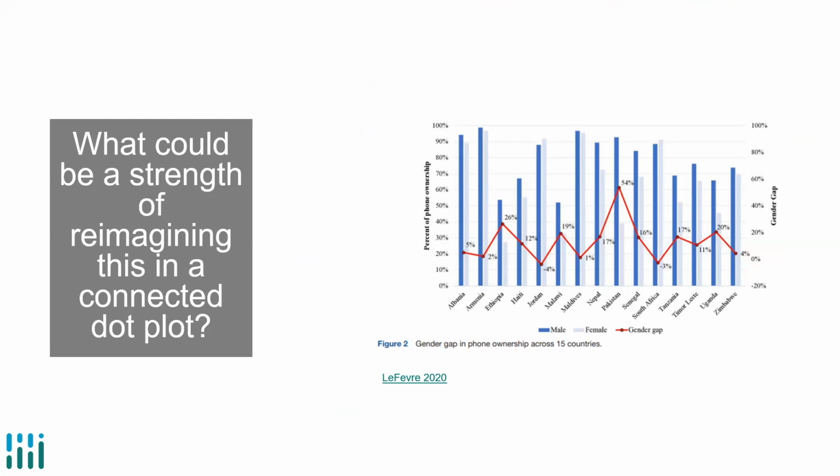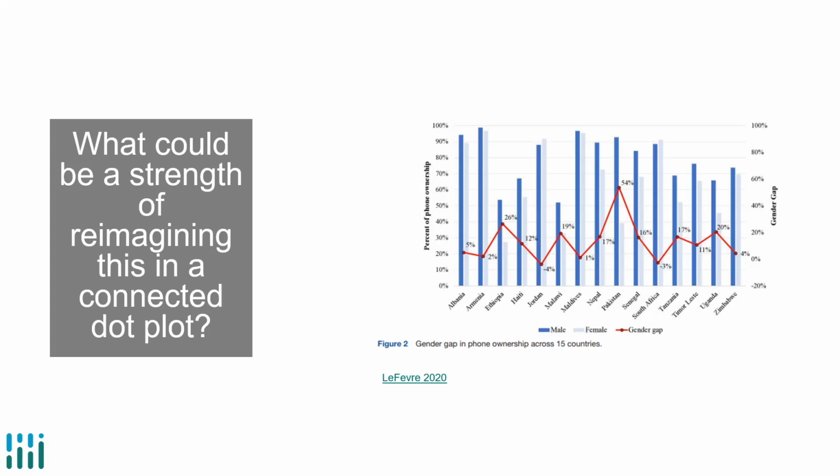This was in a recent study done on phone ownership, comparing health outcomes to the gap in smartphone ownership in 15 low- and middle-income countries. In this example, it's visualized as a bar graph and a line graph. There are two colored bars, one representing male and one representing female. The gap is an additional layer of a line graph.